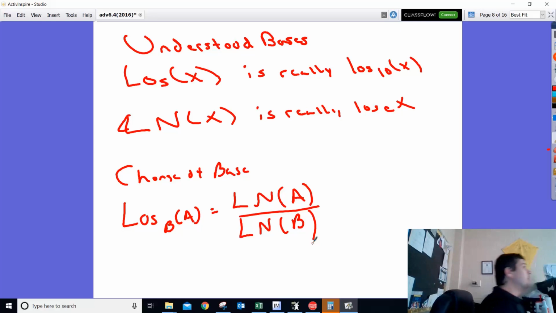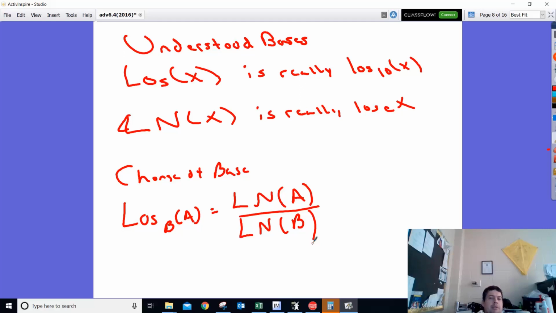Last year in Algebra 2, I gave you a choice between using natural log of A over natural log of B or log A over log B, and most kids want to use log, but I don't want you using log over log. I want you using ln over ln, and there is a reason for that. So, we need to change a base.